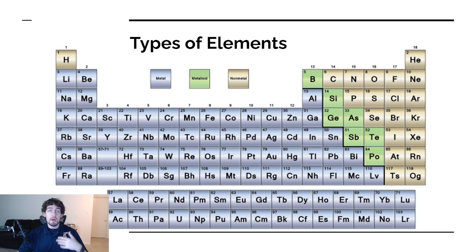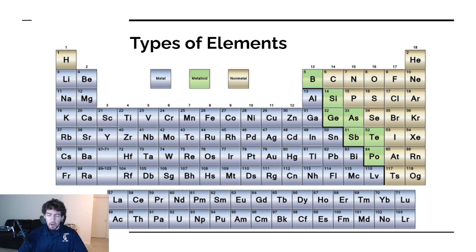So, for example, metals are typically said to be shiny or have luster. Metals are typically known to be malleable, able to be hammered into sheets, or ductile, able to be drawn out into a thin wire. They have high melting points and are good conductors of heat and electricity. Non-metals are pretty much the opposite of that. They are brittle, so they will shatter if you take a hammer to them.